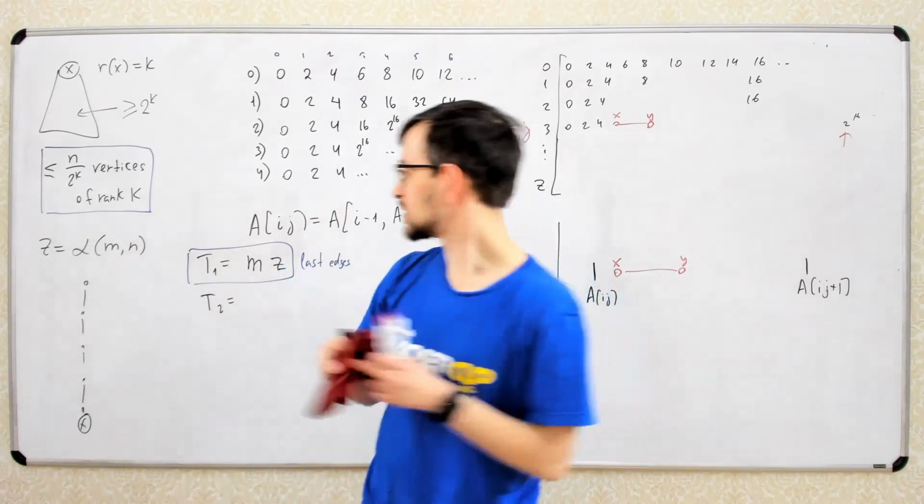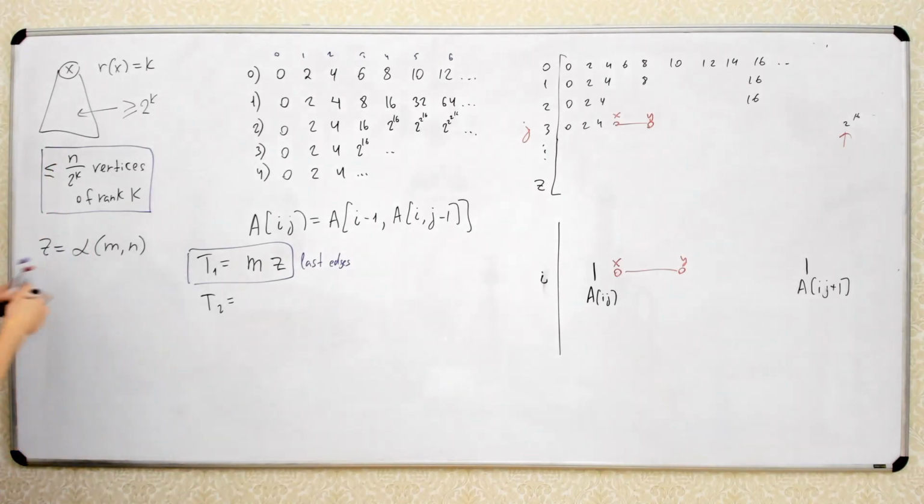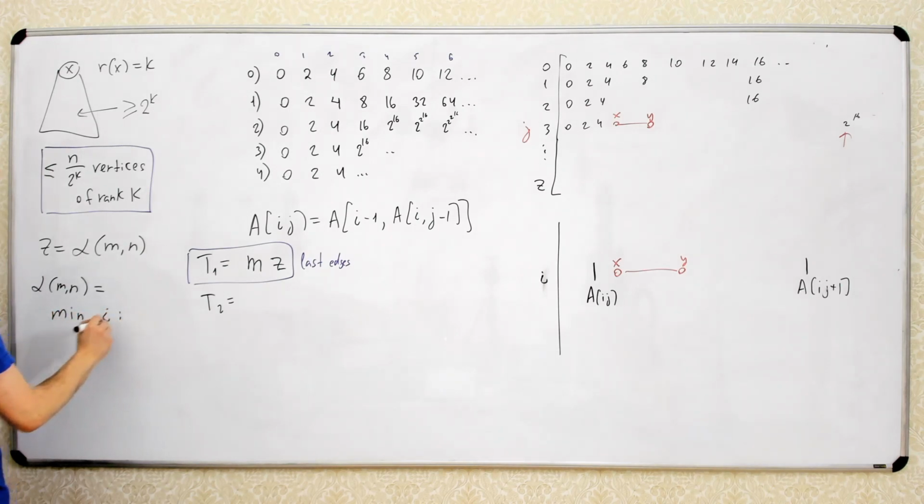Well, let's adjust this alpha first. This alpha will be the minimal I such that I m over n is at least log n.